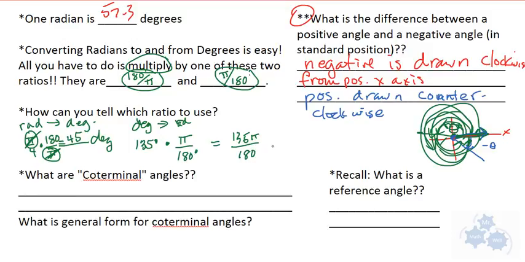And we don't want to write a decimal times pi. So what we need to do is reduce the fraction. Okay? So what does this end up to be? Well, 3 pi over 4, or 3/4 pi. That's right. We divide both by 45.